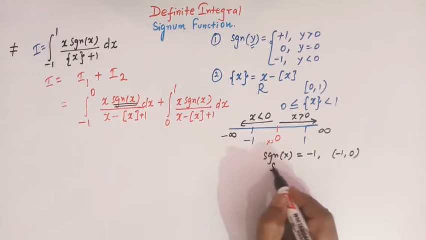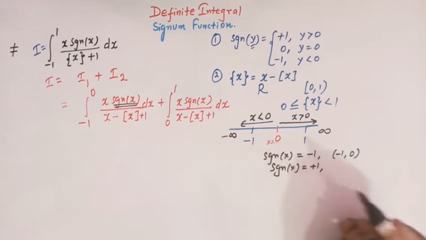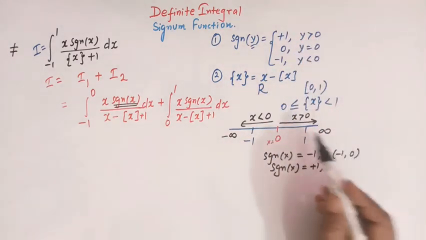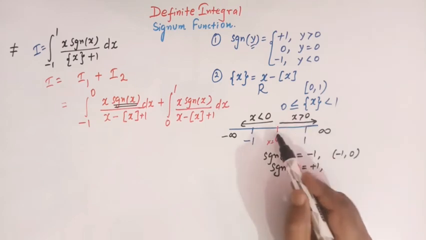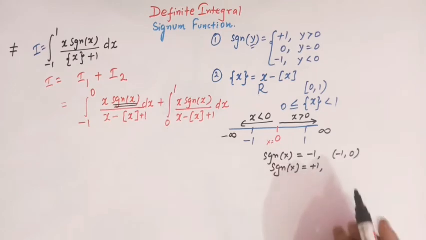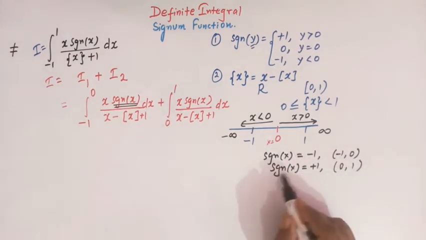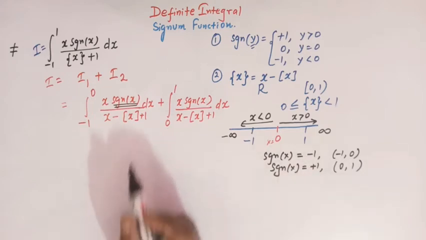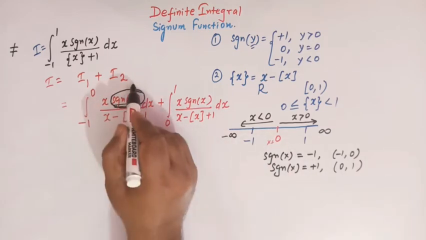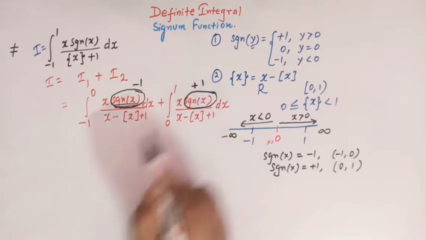Similarly, signum of x will take the value +1 whenever x is greater than 0, so when we take the interval from 0 to 1, signum of x is equal to +1. So this value will be replaced by -1, and this value will be replaced by +1, right?